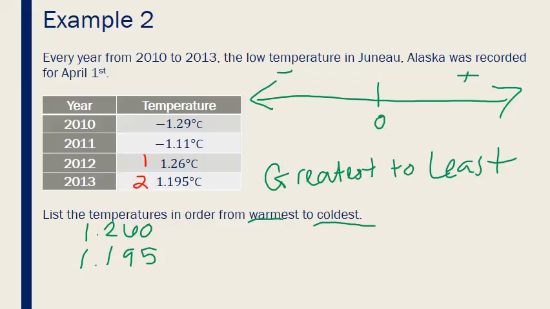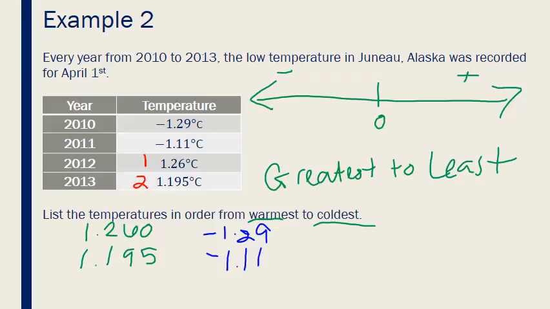All right. Kyla, let's talk about my negatives. We're going from greatest to least. So they're already in the same place value. I could just go ahead and look at them. Let me do this in blue. I got negative 1 and 29 hundredths, and I got negative 1 and 11 hundredths. So tell me what about negatives that we must remember when we're doing this.